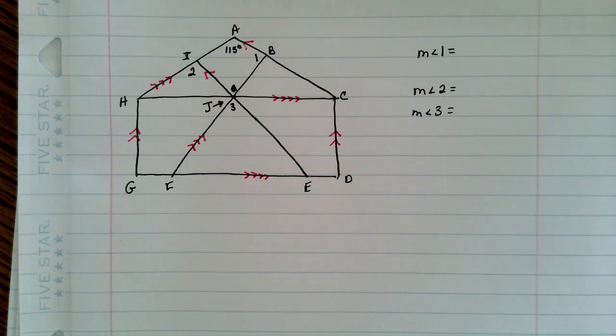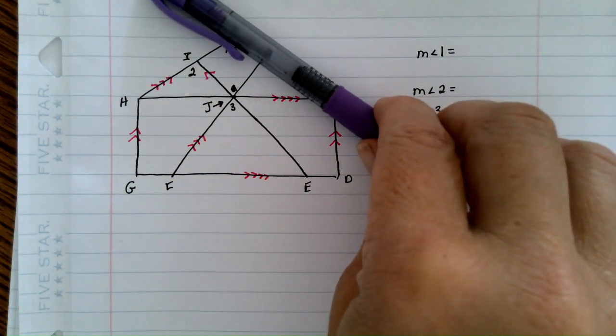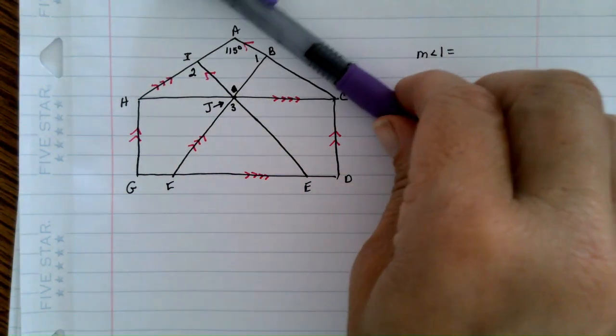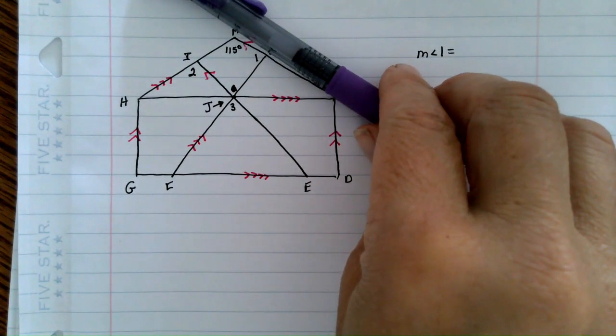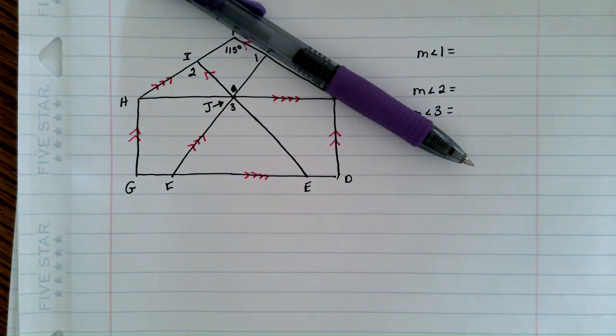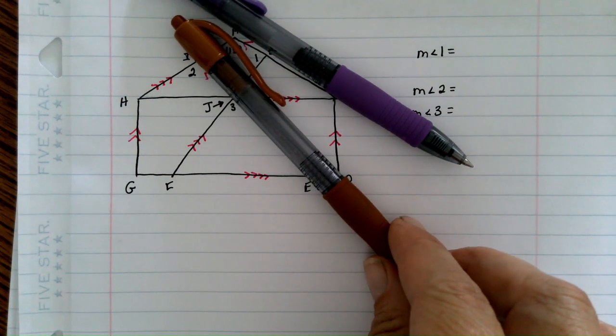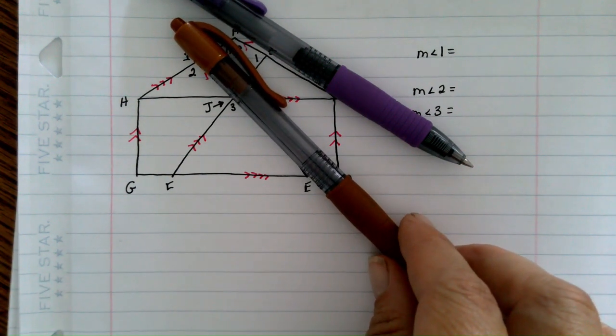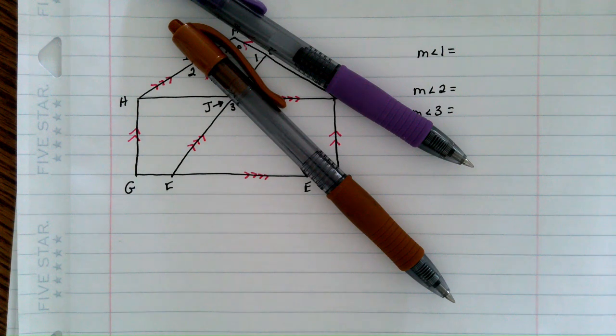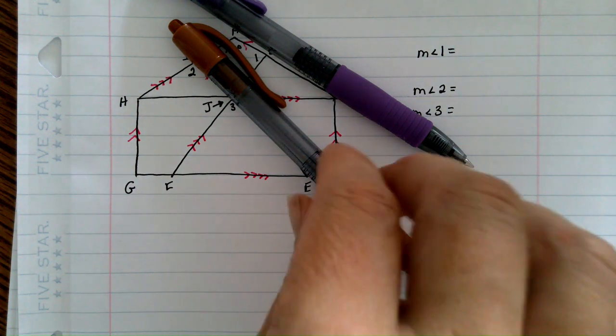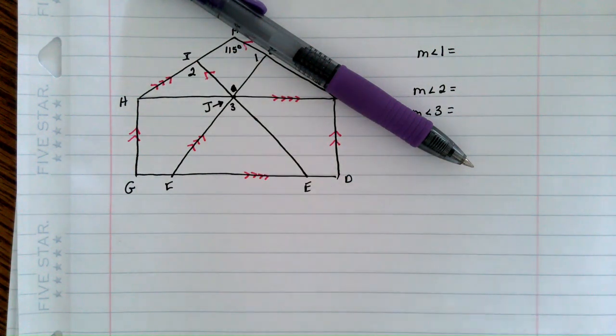So let's just take the first one. It says that this right here is parallel to this right here. Okay, and I've not done my best job of drawing it, so keep that in mind. But these are parallel.